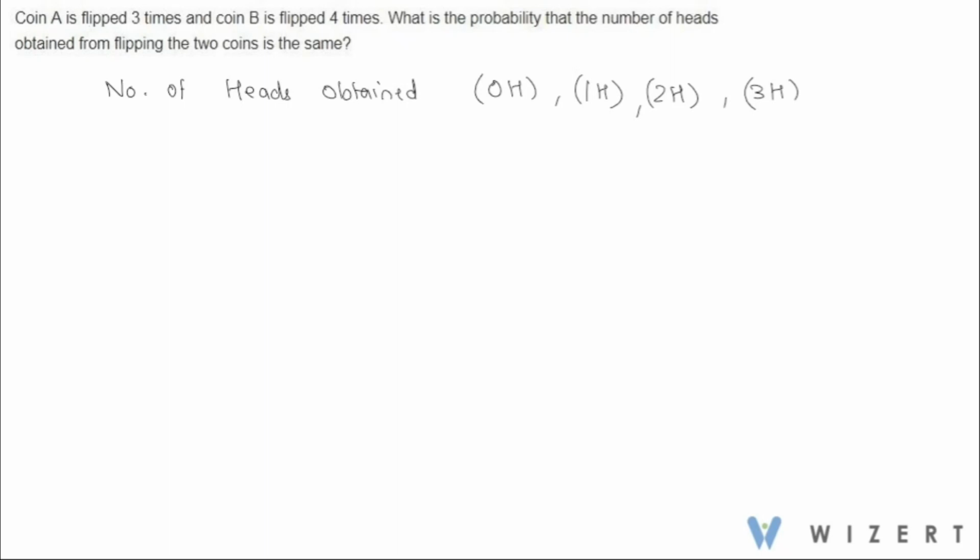So where the coin is flipped 3 times, it's not possible to get 4 heads. So we are going to consider only these 4 possibilities.